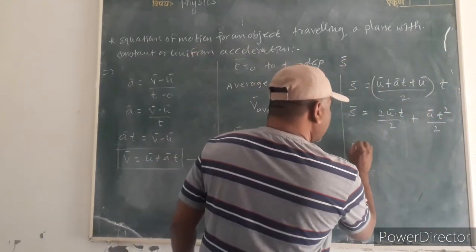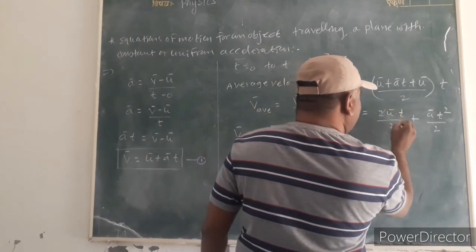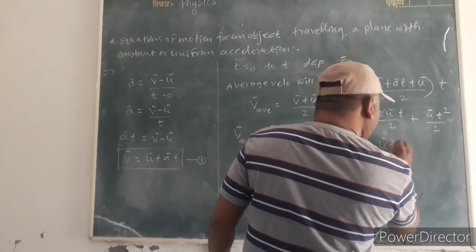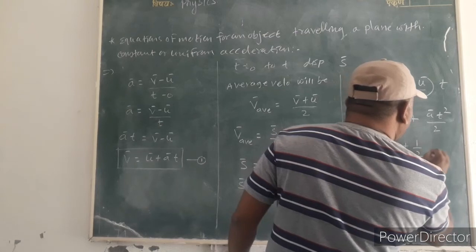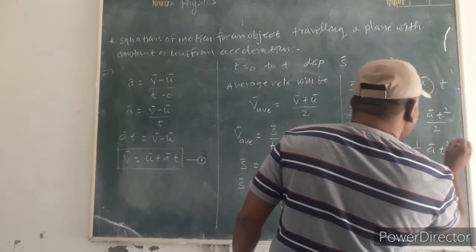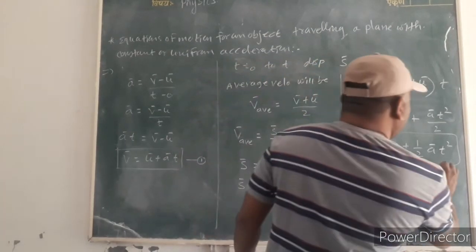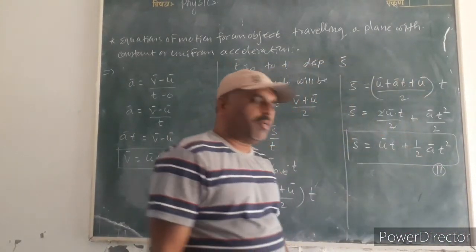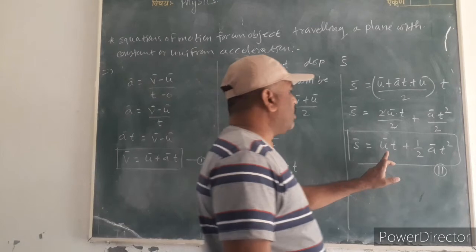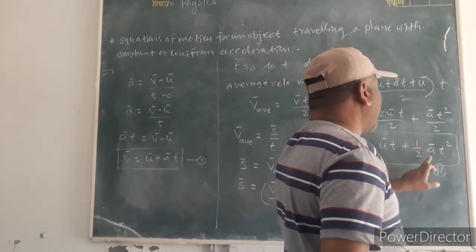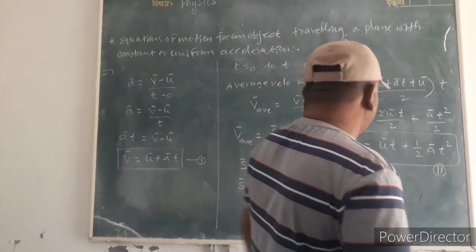Or this gives s bar is equal to, 2 cancels, u bar t plus half a bar into t square. This is the second equation of motion. S bar is equal to u bar t plus half a bar into t square.